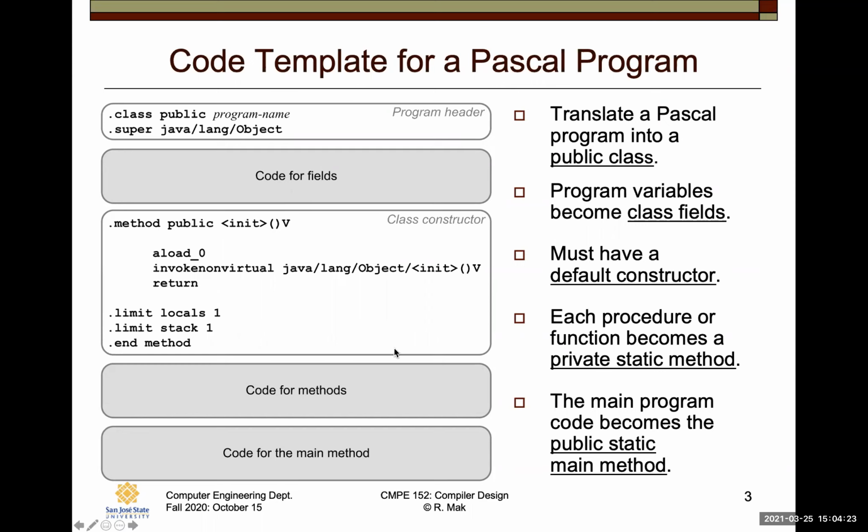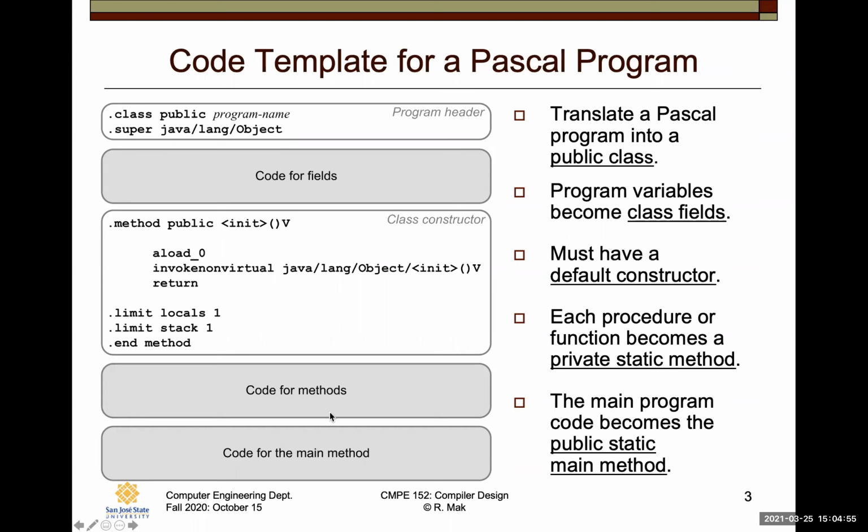Now, in the Java world, every class has to have a class constructor. So, you know, your Pascal program is being compiled as if it were a Java class. And so we need a constructor. And this is boilerplate code here. Just make sure you emit this code.